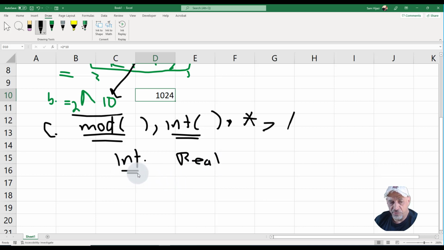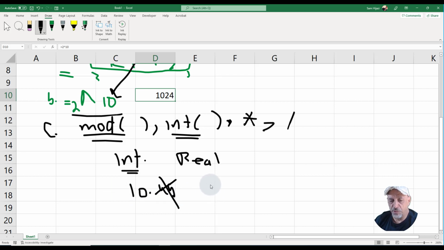An integer value does not allow any digit to the right of the decimal point. So if we have anything like 10.99, it's going to eliminate those digits regardless of what they are. Don't round the value, just truncate it, meaning remove it.